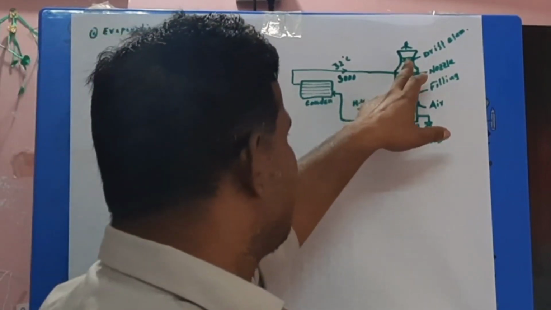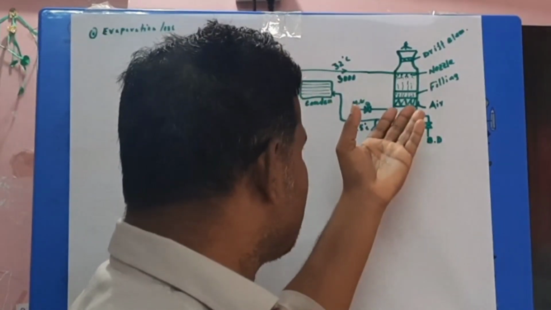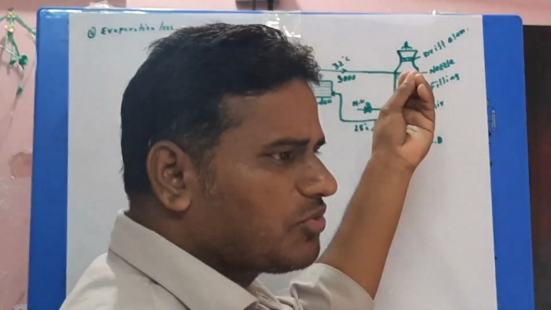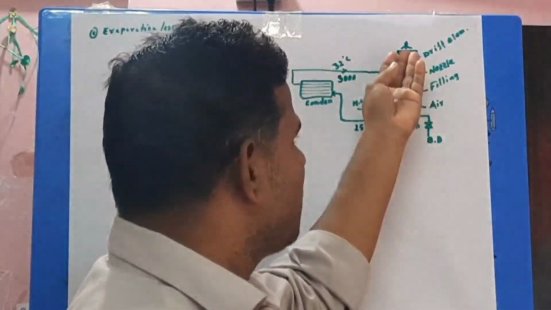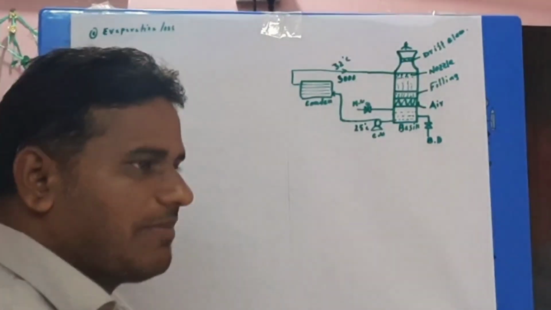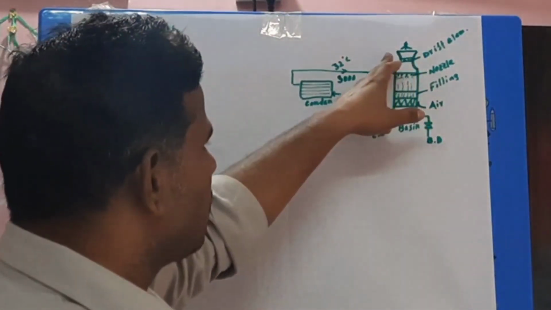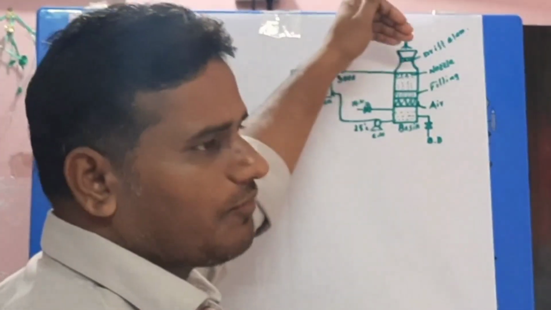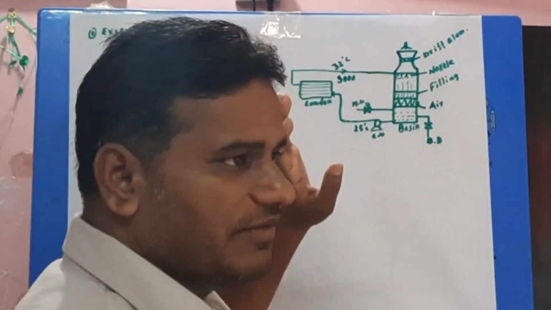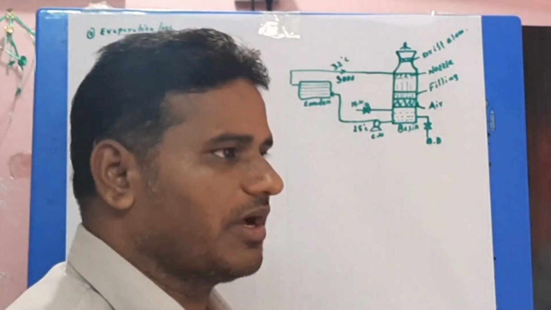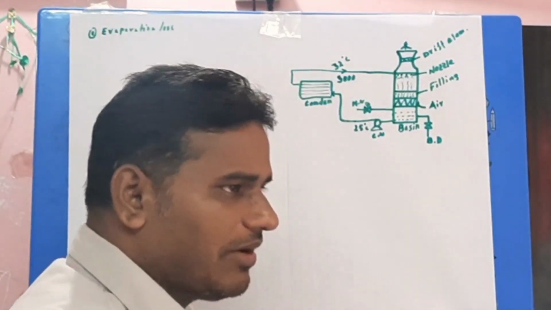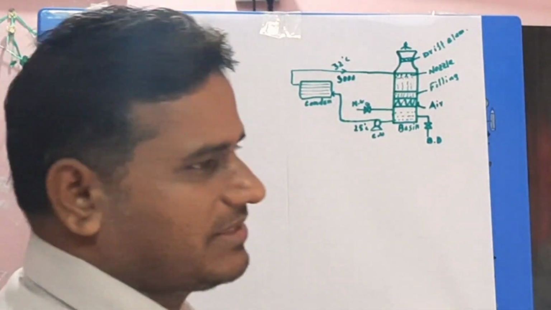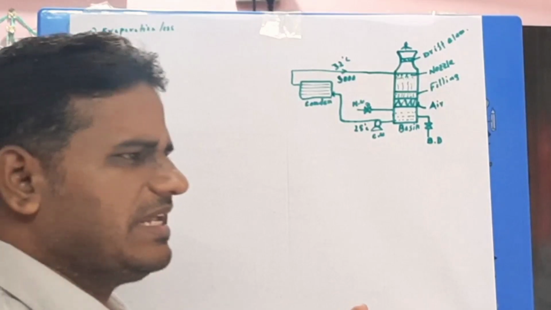The second one is drift loss. When the vapor passes through the drift eliminator, it is possible for some droplets to pass through it. Some industries do not provide a drift eliminator. If a drift eliminator is not provided, a larger quantity of water will pass through. When a drift eliminator is provided on the cooling tower, minimum water will pass, so it is very negligible.